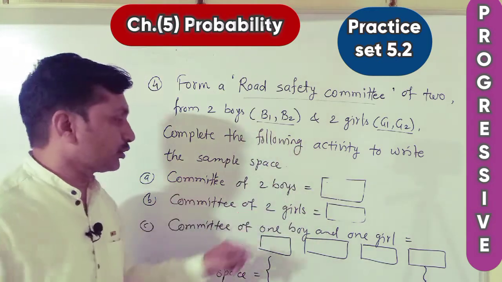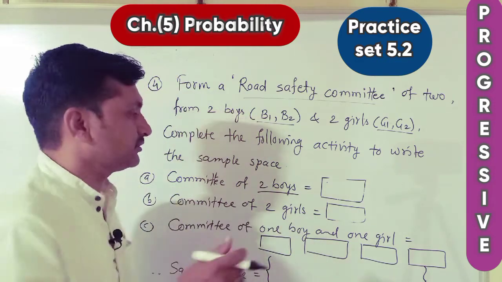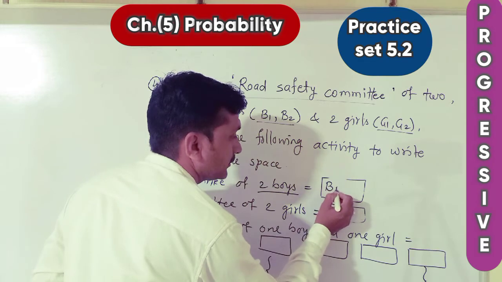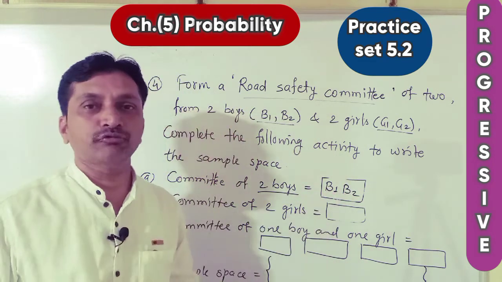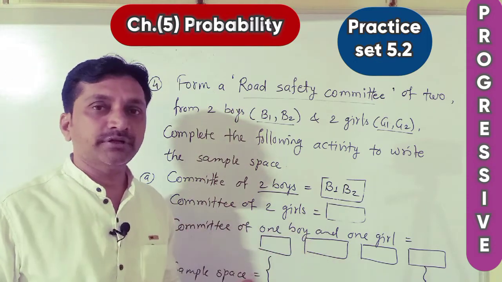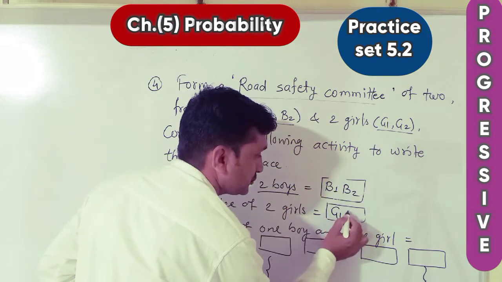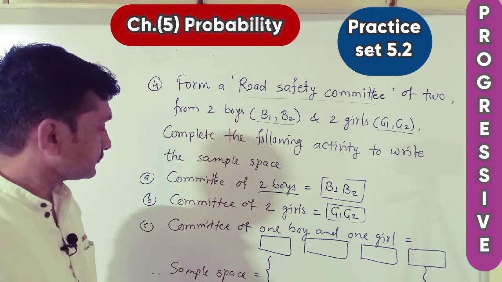Committee of 2 boys: in that committee there should be only 2 boys, so we can write B1, B2. Committee of 2 girls: only 2 girls, so we write G1, G2.